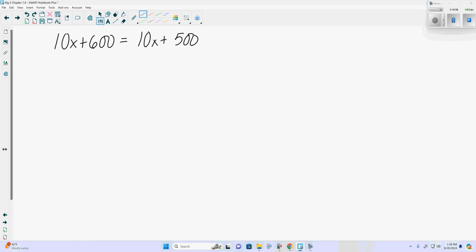Well, the difference between these two is not a whole lot. It's $100, yes? Okay. What can we do first in solving this here? Minus 500.